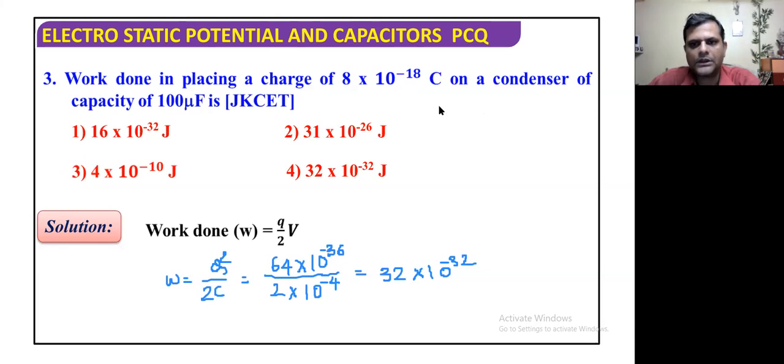No, maybe there is some mistake. शायद ये 8 into 10⁻⁸ coulomb नहीं है। तो ठीक है, this will be the fourth one will be actually the correct answer.